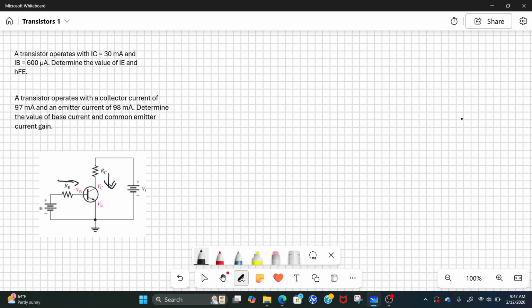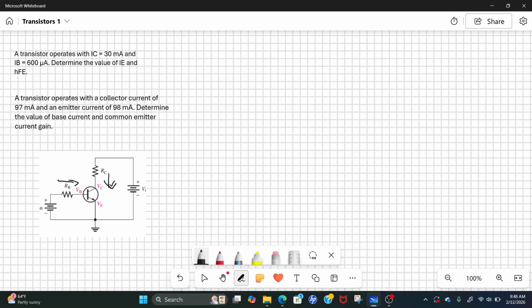It says a transistor operates with IC collector current 30 milliamps and IB base current 60 microamps. Determine the value of IE and HFE. IE is the emitter current and HFE is the gain, the hybrid parameter.